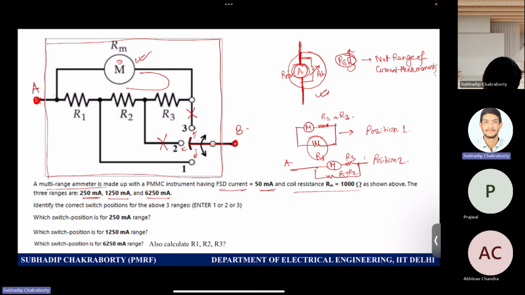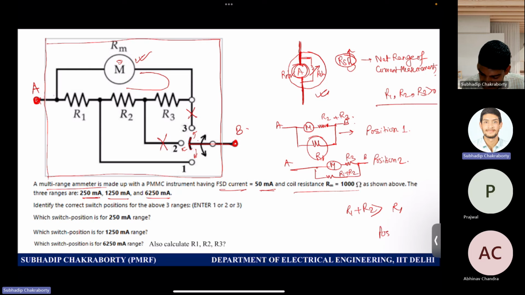This is points A and B. So you see, as you shifted your slider to position 2, the shunt resistance slightly increased, because obviously R1, R2 and R3 are greater than 0. They are real resistances. So obviously R1 plus R2 is more than R1. So your shunt path now has slightly higher resistance.